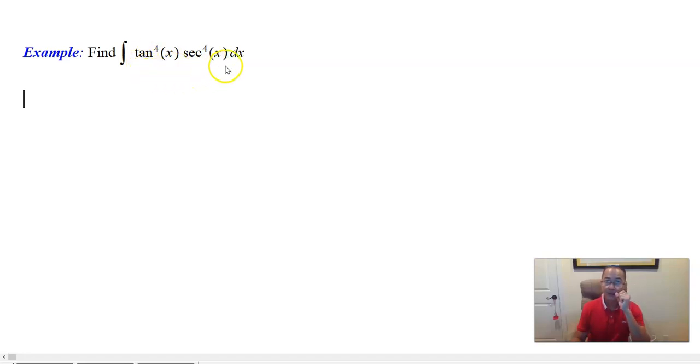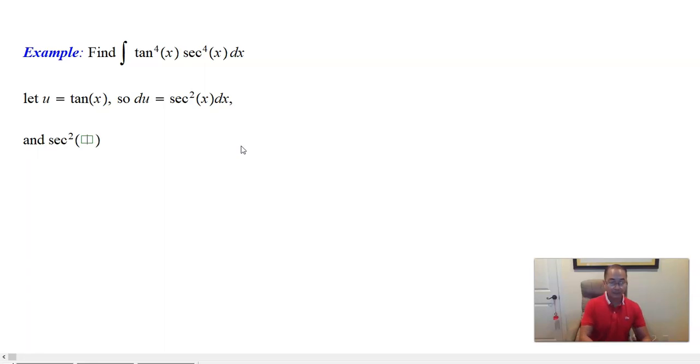So it looks like the strategy is to make tangent x the u, and that will take care of the secant to the fourth. Let u be tangent of x. So du is secant squared x dx, and secant squared by itself is 1 plus tangent squared.